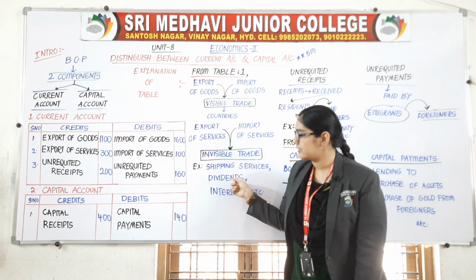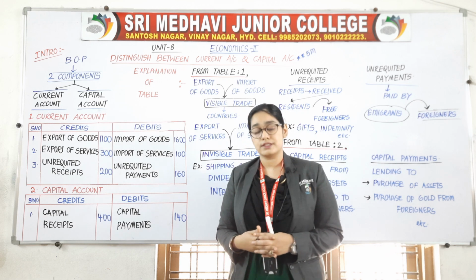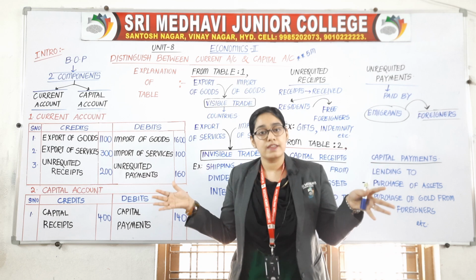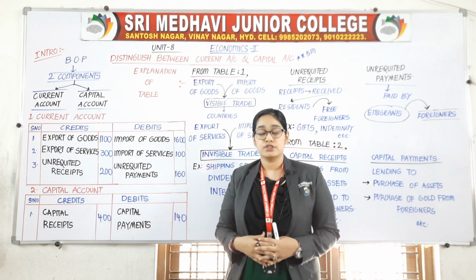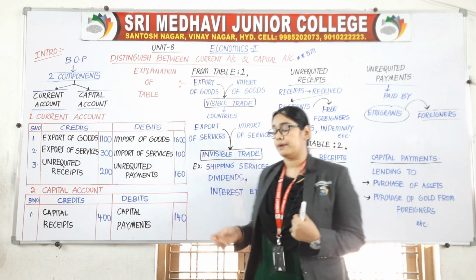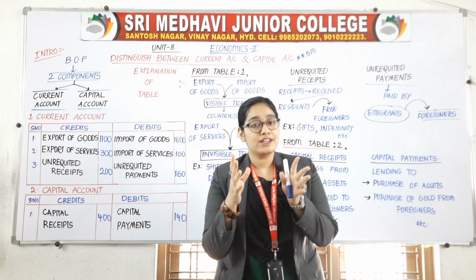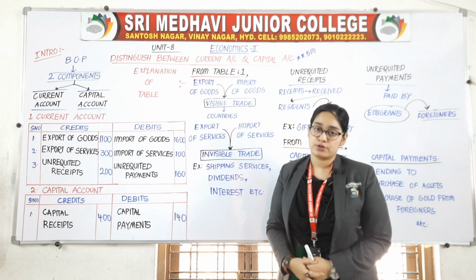Then what about dividends? Dividends means profits which the shareholders receive. Like there are certain partners in a business; whenever they get profit, it will be distributed among those partners or shareholders. That is nothing but dividends. So the profits of a company cannot be seen. It comes under invisible trade.